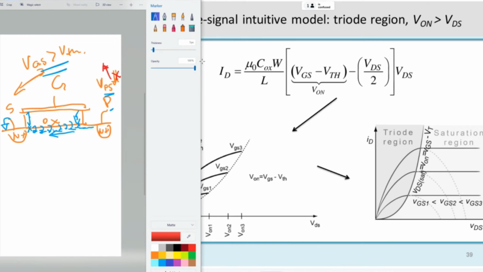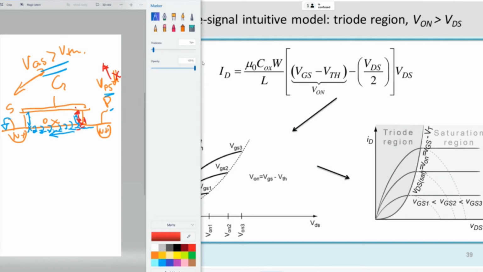This is ground, so this potential increases. Now, this voltage here, gate-drain, if this potential increases, this gate-drain voltage actually decreases. And this voltage here determines what will be the density of charges in the channel. So I'm still in triode region.